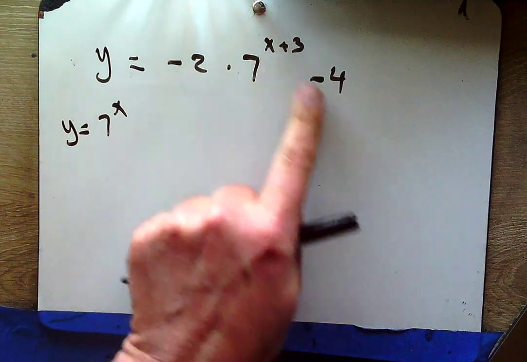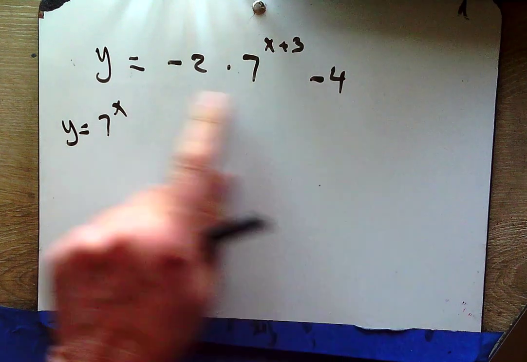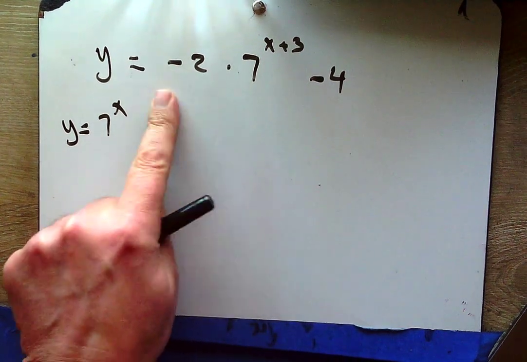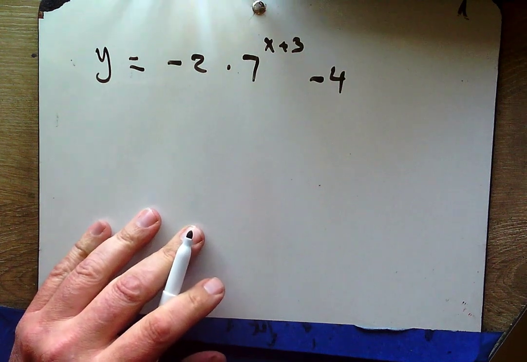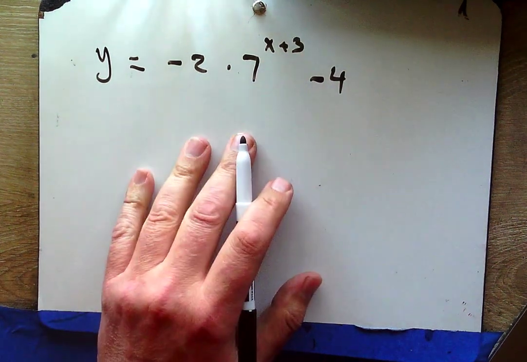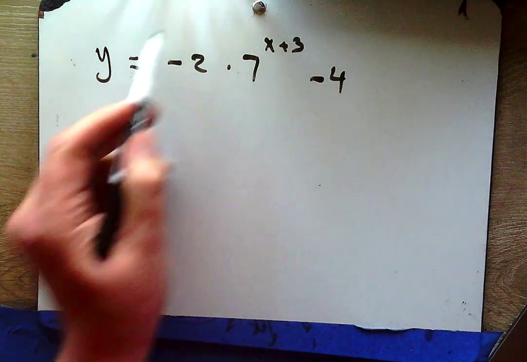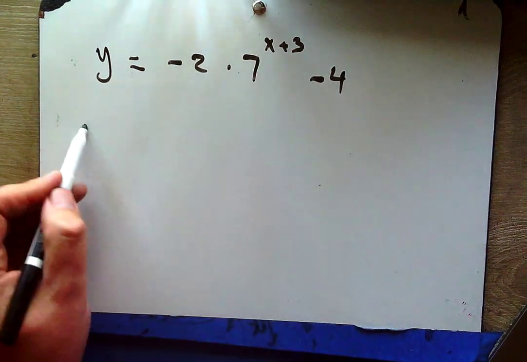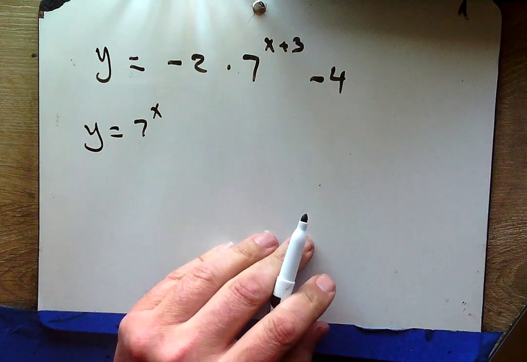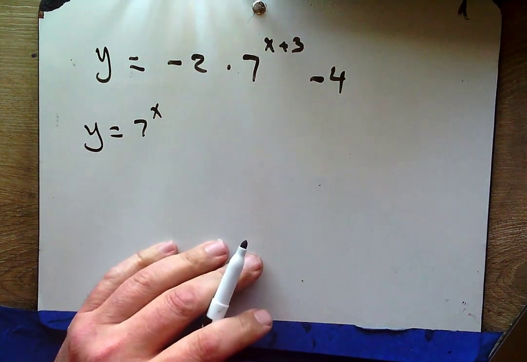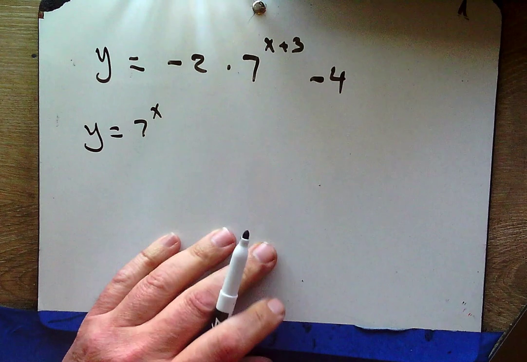But I see 3 transformations here. Maybe 4 if you see these as 2 different ones. So I would really like if you took a minute to explain how these transformations affect this reference graph. Okay? So take a minute to think about that. Try and give me a nice complete answer.